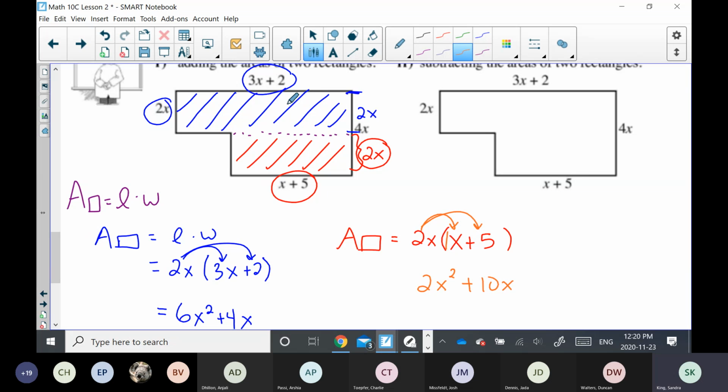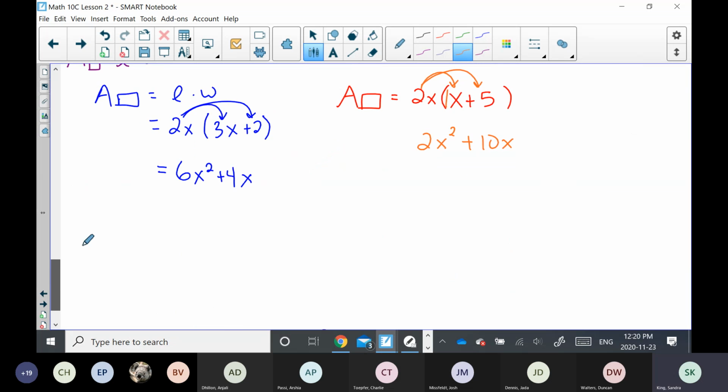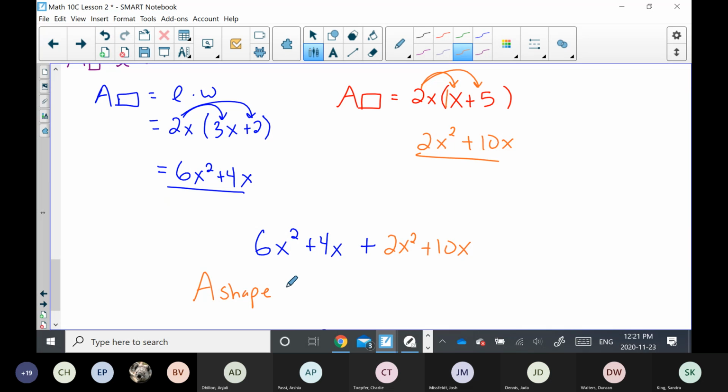The area of this combined shape would be my blue plus this guy. The area of the shape would be 6x squared plus 2x squared.